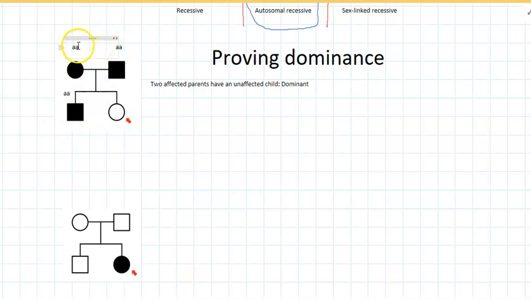But this child here is unaffected. So they've got a big A allele, a healthy allele from somewhere, but that's not possible because if this was recessive, both parents can only give their recessive allele to their children. So it's impossible for a child of two affected individuals to have a healthy child.